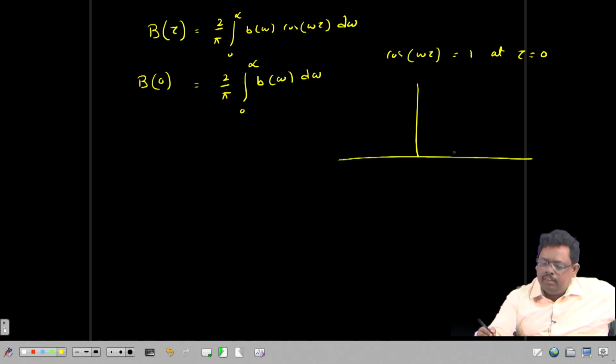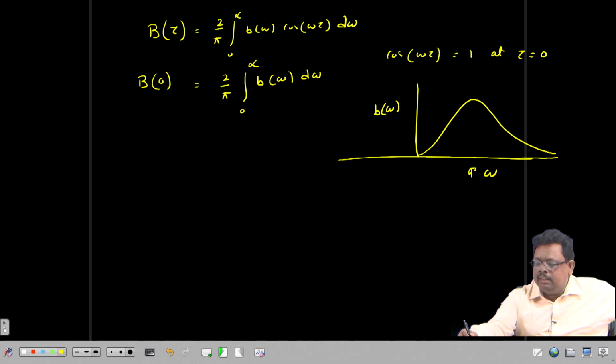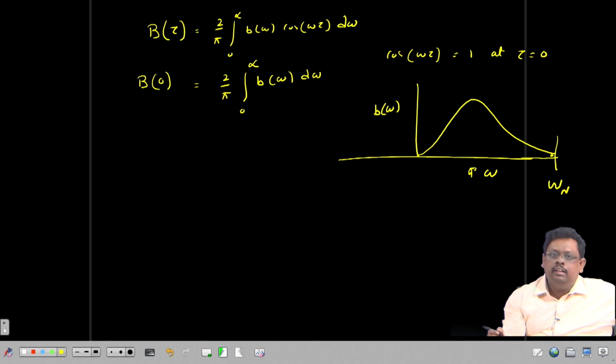If I draw this curve once again, with b omega on this side and omega on this side, going to zero at some omega n, it is definitely a finite graph.